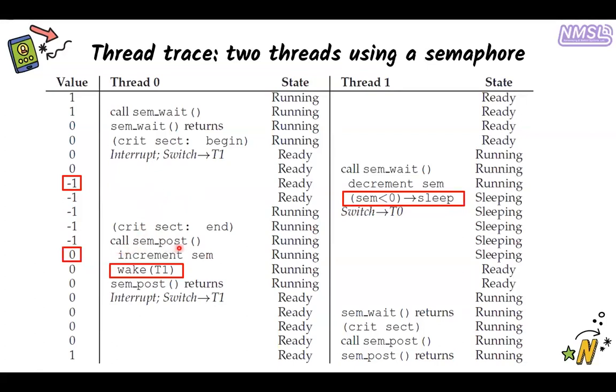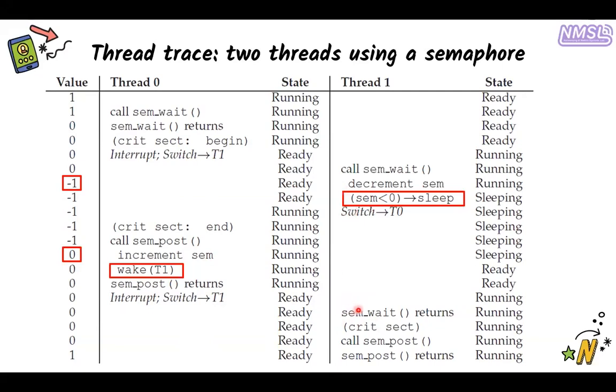Later on, it will do sem post, which increments the value, and now it is 0. Right? Since you're done and the value is 0, you need to wake whoever was waiting for this to happen. So you go wake T1, sem post returns. Now you go back to T1.